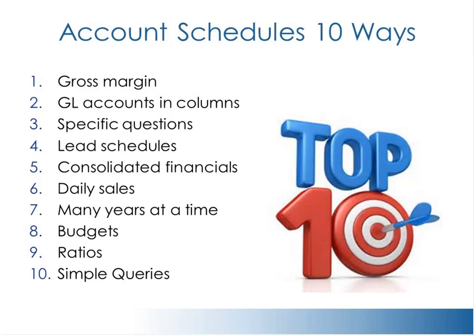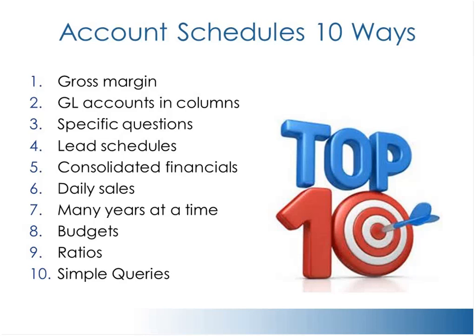So copy it out of account schedules, making sure all of the columns are showing that you want to copy. And when you paste it into Excel, use paste special with the transpose option so that you can put general ledger accounts in the columns and other things like dimension detail in the rows.